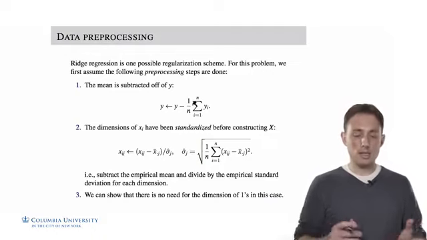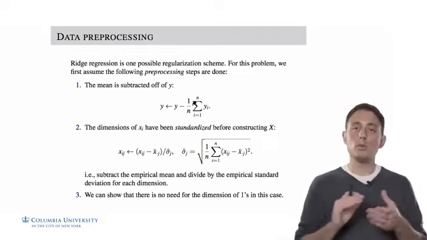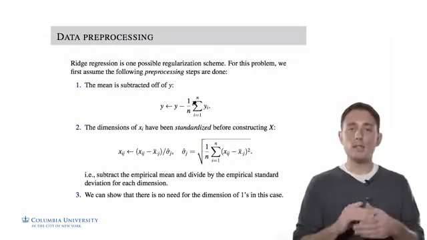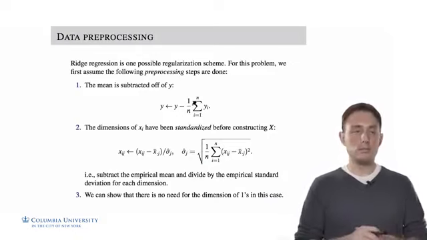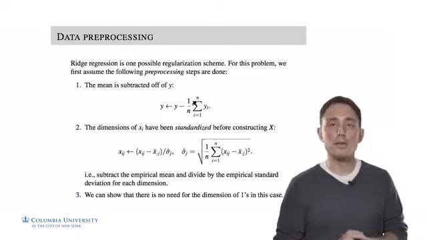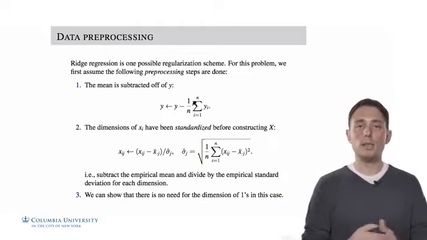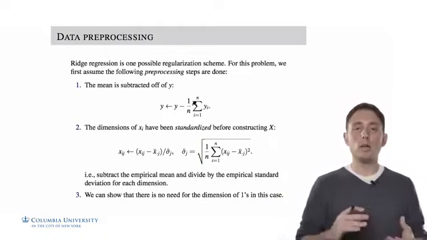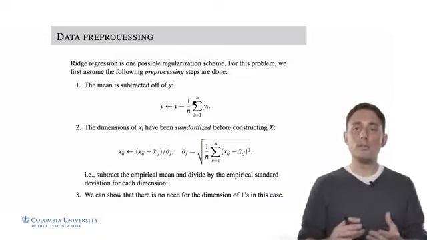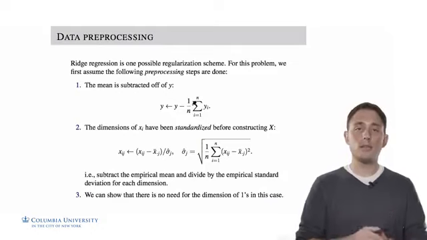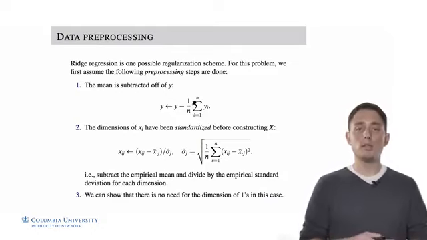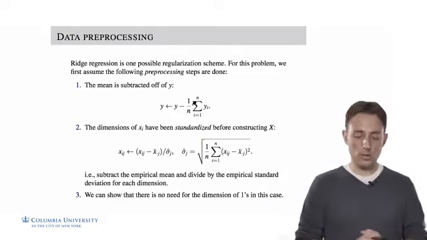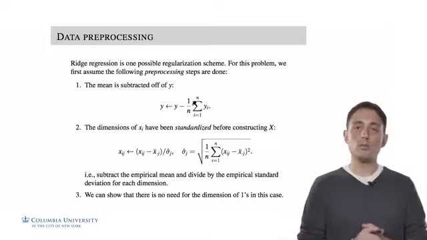And then in this case, we're able to avoid having to add the dimension of ones. This is something that's nice that we don't have to worry about anymore because we've standardized and made everything zero mean. And also, we don't run into the issue of having different dimensions of our inputs be penalized differently and arbitrarily because of our ridge regression penalty.